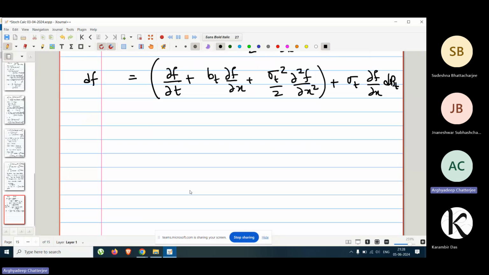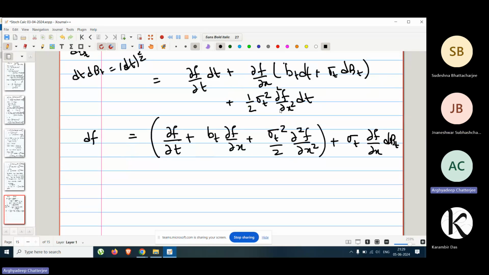In an even more general form, you can prove Ito's formula for Rn. Should I state it? For Rn, maybe you can just leave it for the next time, since we don't gain too much. Instead of this sigma t, you will have a matrix like a covariance matrix.